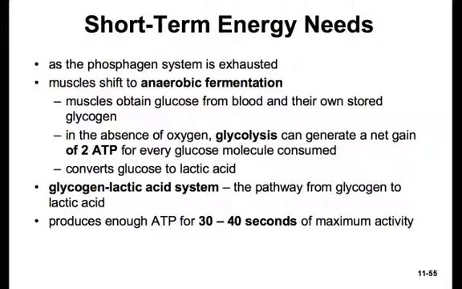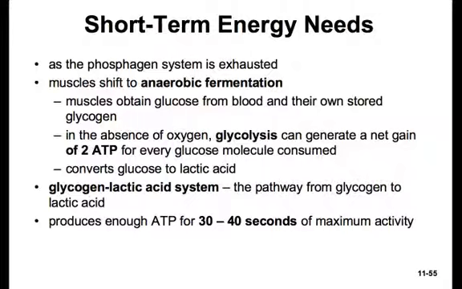That's not very much. It converts the remaining carbons in glucose to lactic acid. The pathway that takes glycogen to lactic acid is called the glycogen lactic acid system, and it produces enough ATP for about 30 or 40 seconds of maximum energy.